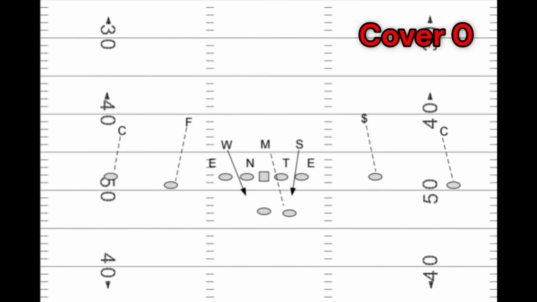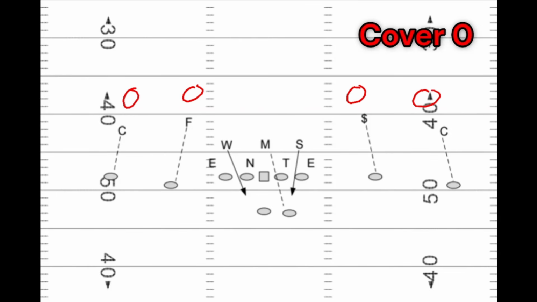Right? One of the biggest tells that you're going to get for cover 0, first, is no players aligned over your split receivers within like this 5-yard area. Okay? All of the defenders that are going to be over the top of them are going to be aligned in off coverage, okay?